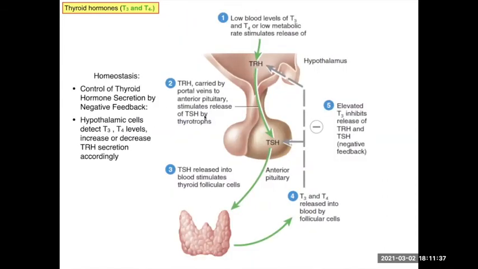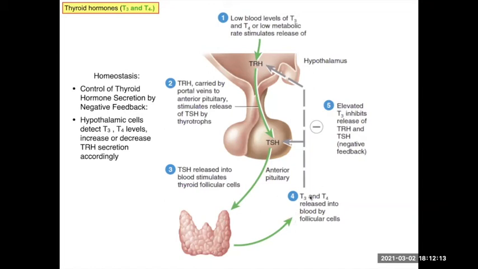So as far as the control, we know how it starts. We had these thyroid releasing hormones, but those cells themselves can detect blood levels of the thyroid hormones, T3 and T4, or low metabolic rate. So those cells are detecting information and causing the release of the hormones, which is going to cause those cells here to release the thyroid stimulating hormone, which will cause the thyroid to release those into the blood.